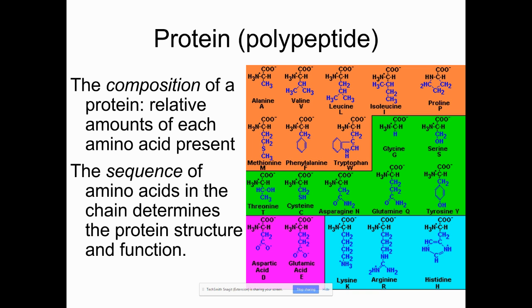Some are polar. Some have sulfur atoms or disulfide bridges, which we'll talk about. But it comes down to the interaction of these functional groups that dictates the structure of your protein. And the structure of your protein, of your enzyme possibly, dictates the function of that enzyme.